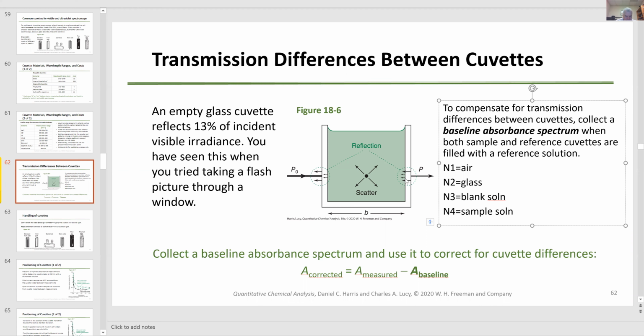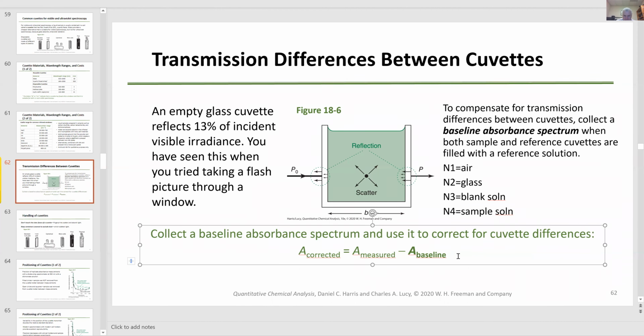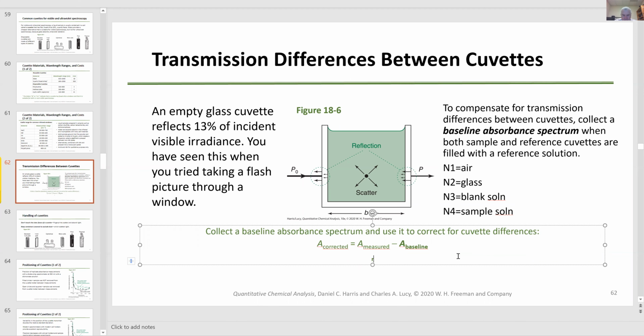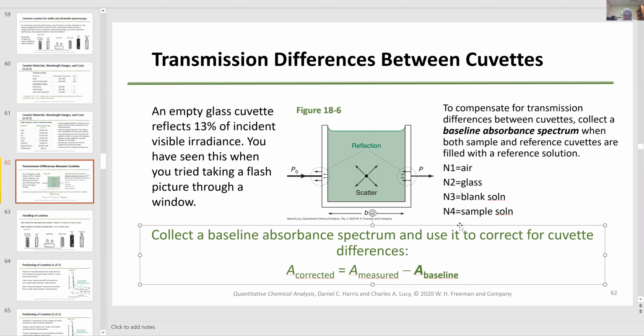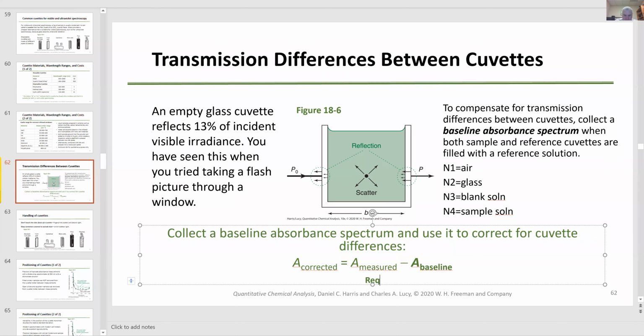This requires that N3 equal N4, right? Which in turn means that the bulk of the solution is the same, like the same solvent.